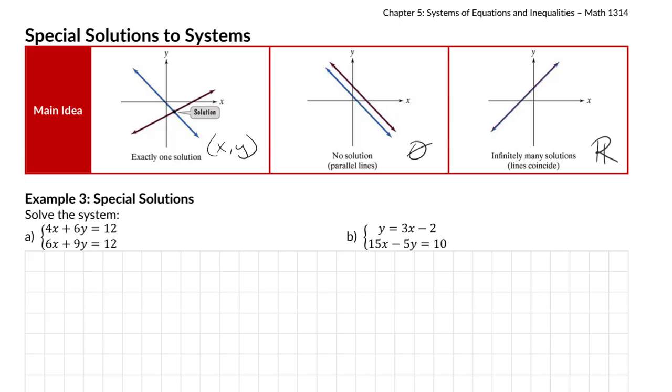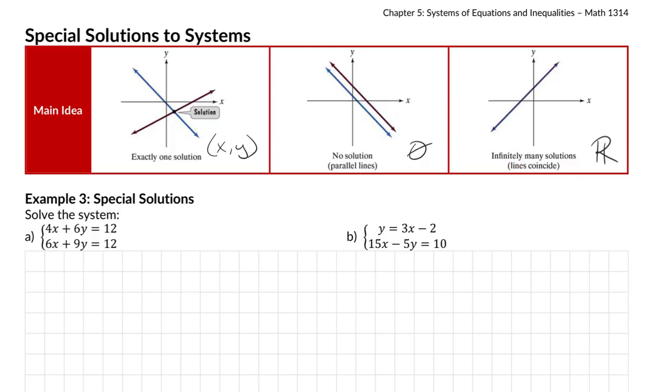These special cases will occur when you cancel out both the x's and the y's, however you're solving the system, and you're left with either a non-true mathematical statement or a true mathematical statement, which means that if we were graphing them, the lines would never intersect because they have no solution, or the lines intersect literally everywhere because they're right on top of each other.